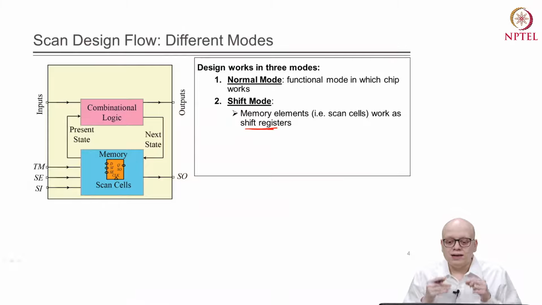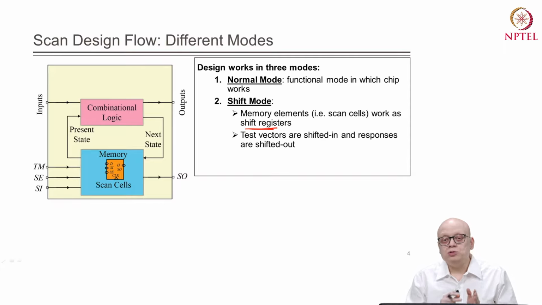Now, in the shift mode, these scan cells work as shift registers, and using these shift registers, we are able to shift in the required test pattern into our circuit, and also we can read the value of any internal net in our circuit at the output port.